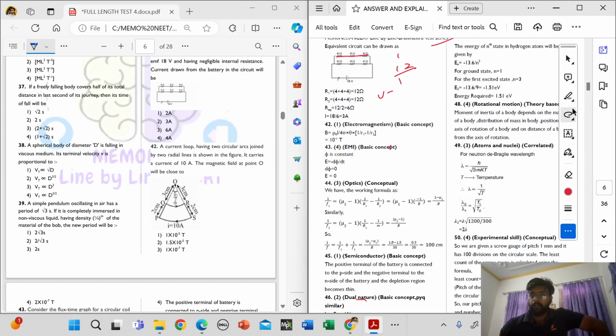So for the angle theta and this R, we know that this magnetic field is given by... the pen is not working.